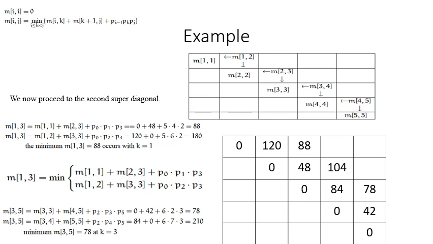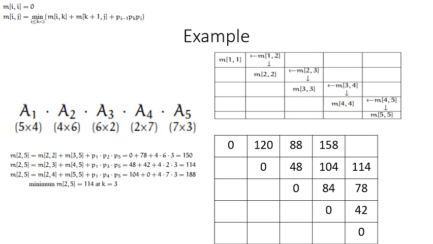Similarly, here we are multiplying A2 with A4, so the values of k can be 2 and 3. And in this case we are multiplying matrix 3 with 5, so the value of k can be 3 and 4. From among the two equations we have selected the minimum value, as can be seen from these equations, and they are inserted in this table.